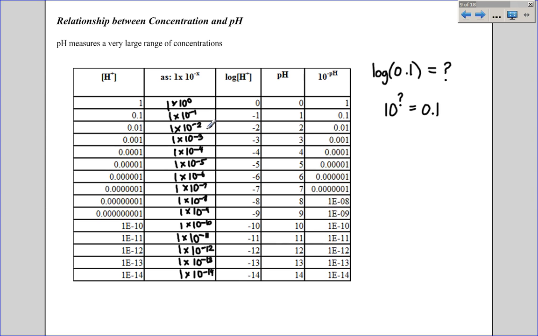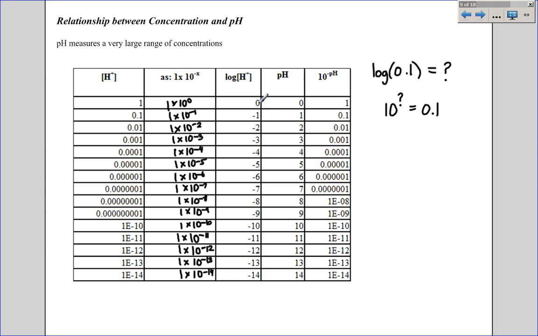You can try it in your calculator. If you press log and then 0.001, you'll see that it responds with a negative 3, because 10 needs to be raised to negative 3, and that's the equivalent number of 0.001. So really, the log of all of these numbers is simply the exponent in my scientific notation.